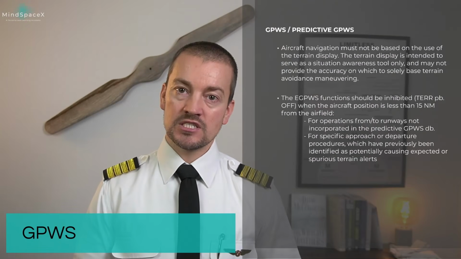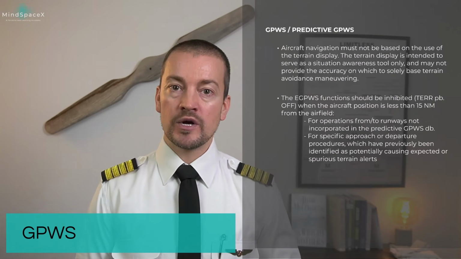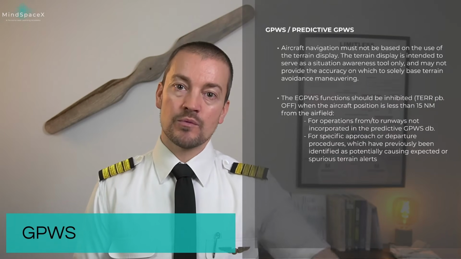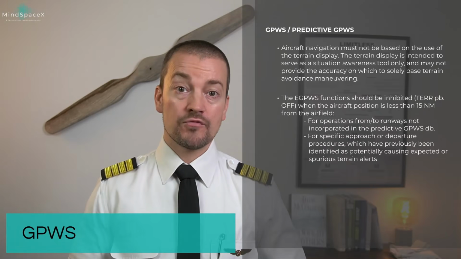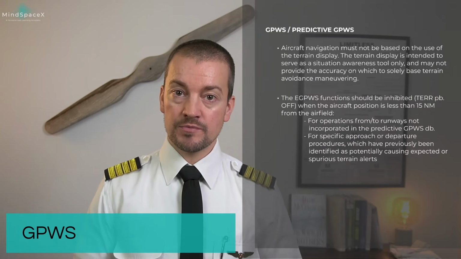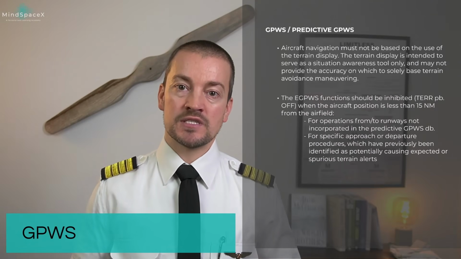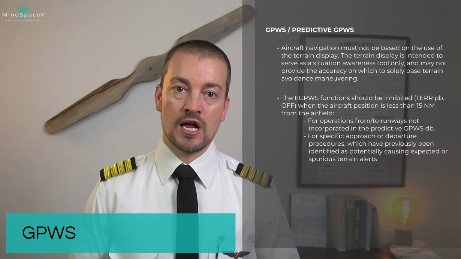When the aircraft position is less than 15 nautical miles from an airfield for which operation to and from is not incorporated into the predictive GPWS database, for specific approach or departure procedures which have previously been identified as potentially causing or expected spurious terrain alerts.